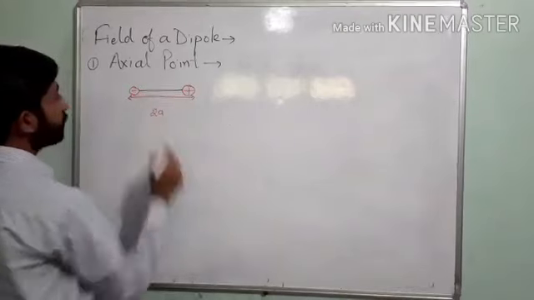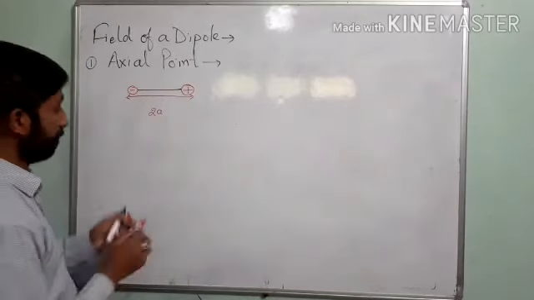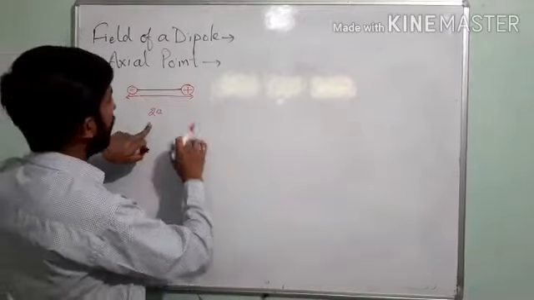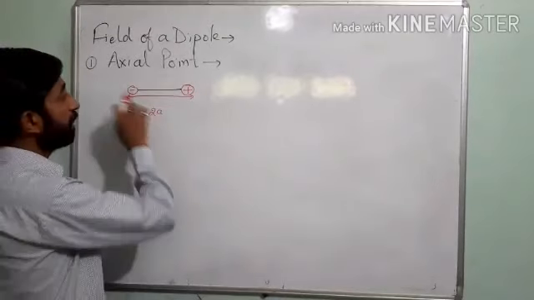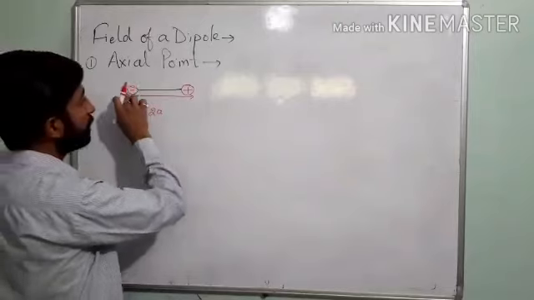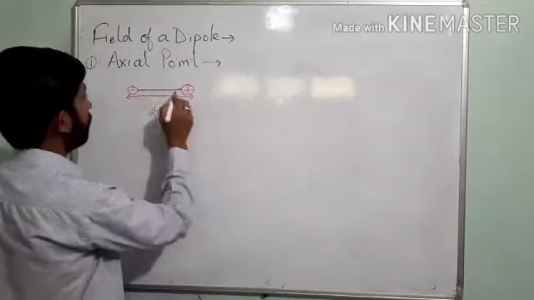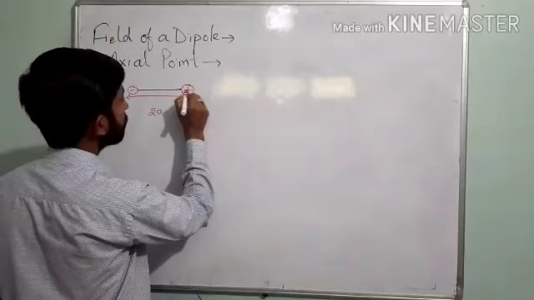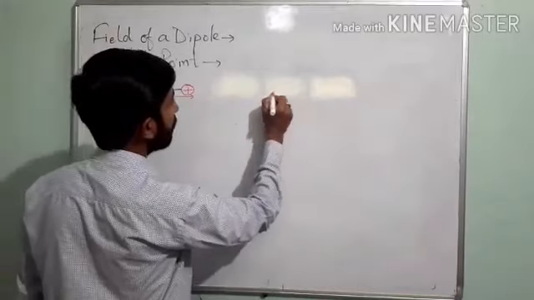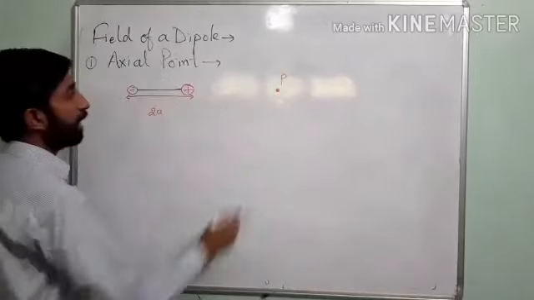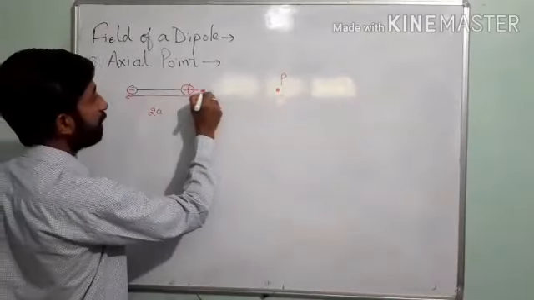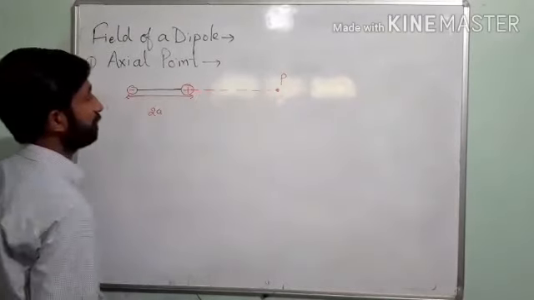The black line shows the axis of the dipole, and we have to find the electric field produced by this system at the point which is lying on the axis of the dipole. So extending this line, suppose I have a point P over here, and at this point I have to find the electric field.